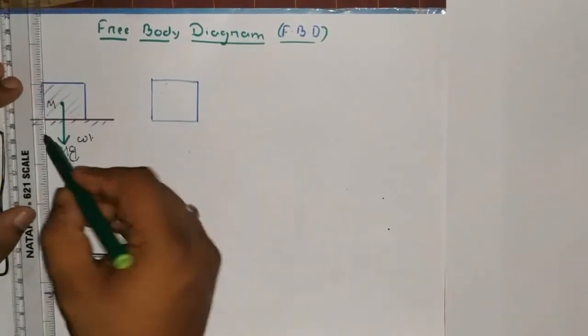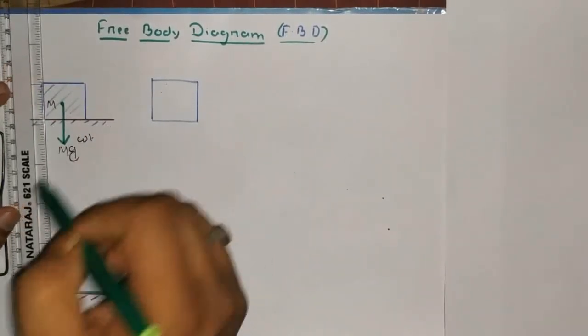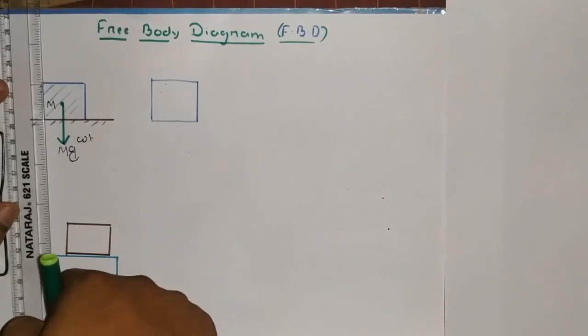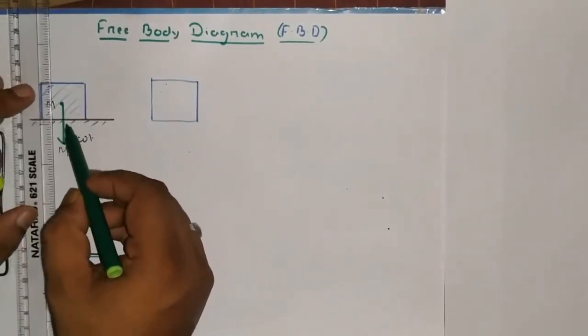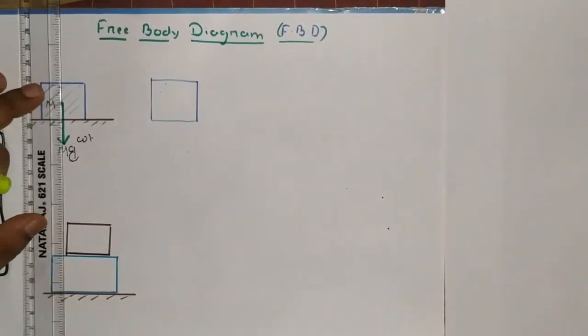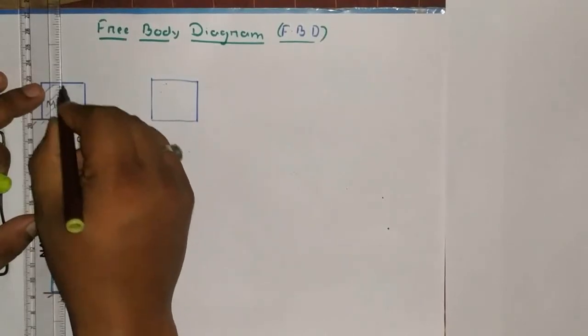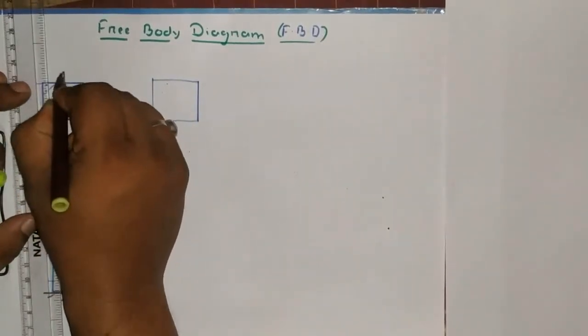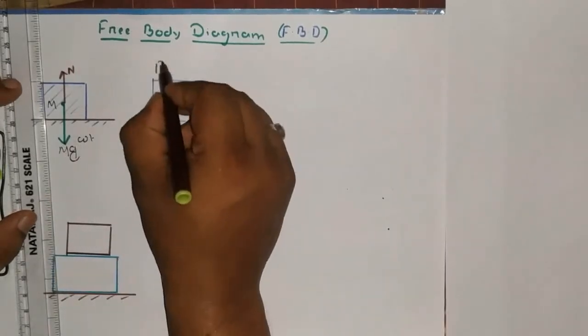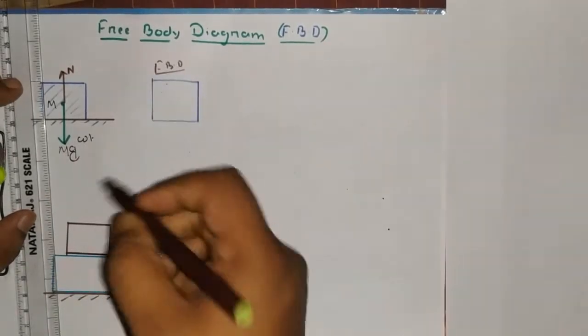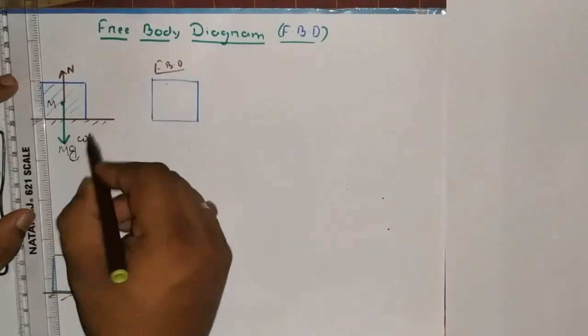So if I remove this ground, what will happen? It will fall down. So how was it in a stationary position? There was an invisible force which was acting in the upward direction. So that upward force, from ground to the body, I am writing here as normal. So what is the free body diagram of this body? I will draw like this, remove that support.